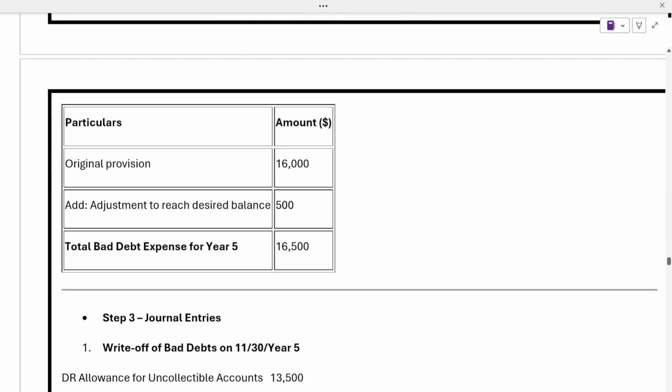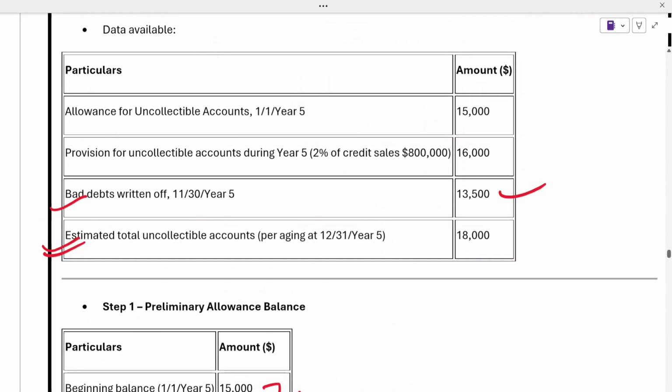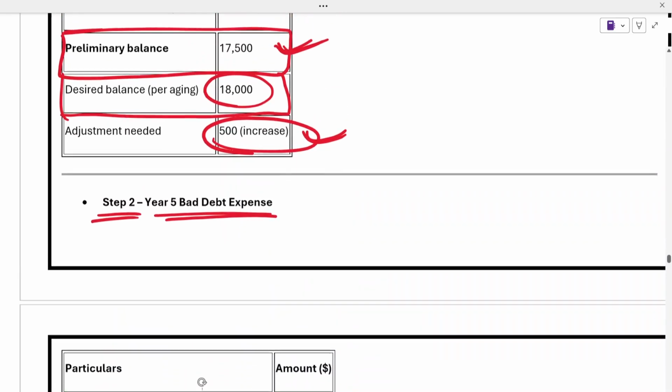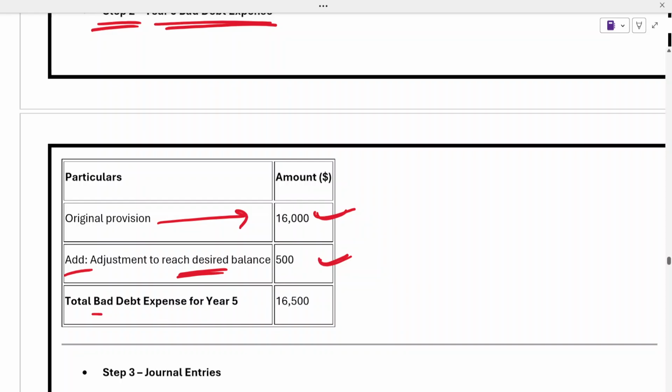Now in step 2, year 5, how will the bad debt expenses look? Our provision for uncollectible accounts was 16,000, which was in this year 5. So our original provision was 16,000, and then our additional provision which we created was $500. Why? Because this was missing here. This was not getting complete provision. So we have created this, and at the end we are having total bad debt expense of 16,500.